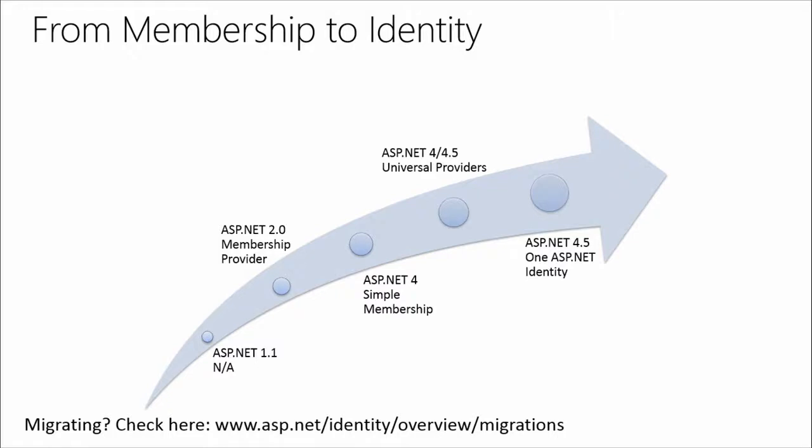Anywhere you may want to store your data, in Oracle, or get it from a web service, or call into a CRM system, or look it up in a binary file, we don't care. We need to work with what you're doing. And it's one ASP.NET Identity, meaning it'll work with Web Forms, Web API, SignalR, basically all across the ASP.NET world.